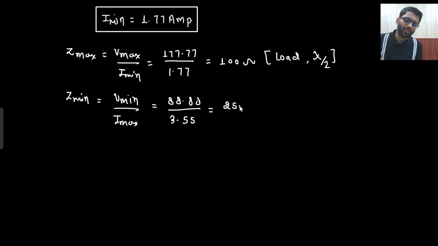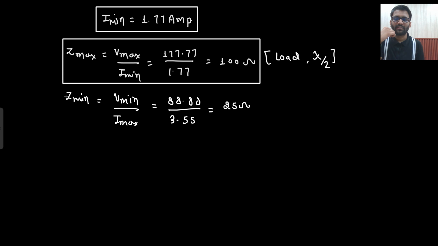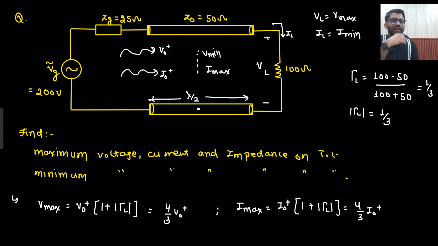So what you are getting? 25 ohm. So this will be your minimum impedance, this will be your maximum impedance. Okay. Z max and Z min. They are not asking input impedance, they are just asking minimum and maximum. Input impedance will be 100 ohm only, because here again you will be getting your maxima voltage and minima current. I hope you must have got the point.